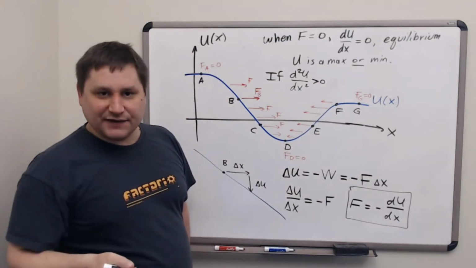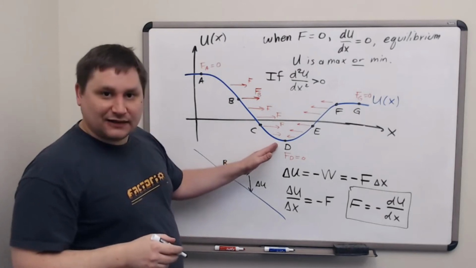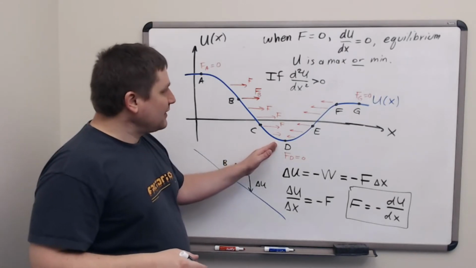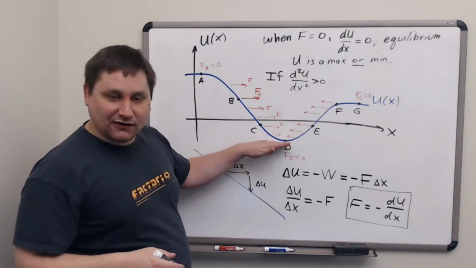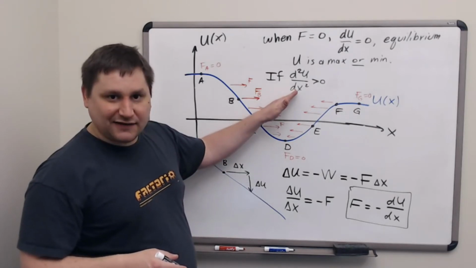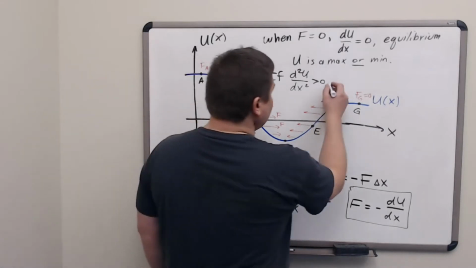If the second derivative of the potential energy function is positive, that means that the function is concave up in that region. If the potential energy function also has a zero derivative at the same location where its second derivative is positive, then we have what we call a point of stable equilibrium.